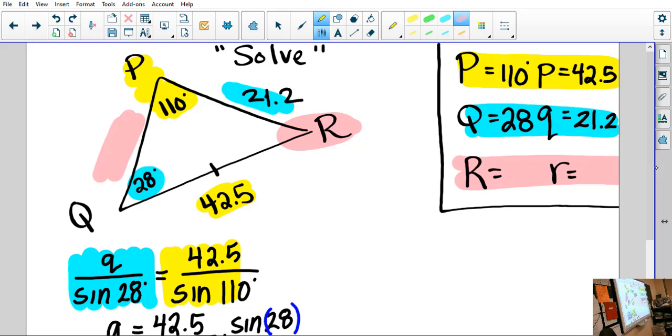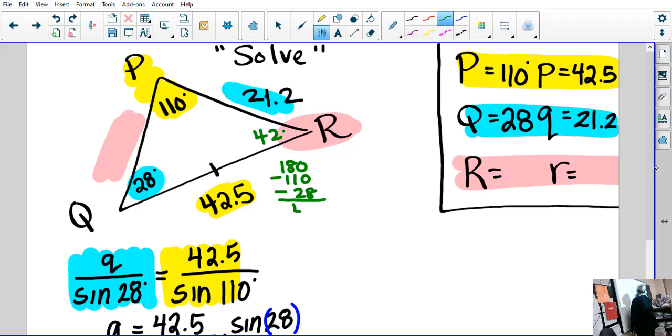They add up to 180. So take away your 110, take away your 28 degrees, leaves me with 42 degrees. So I got that number there.